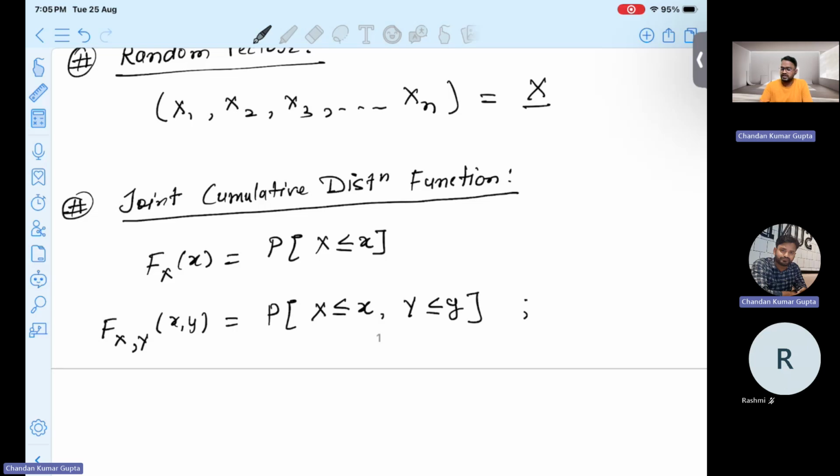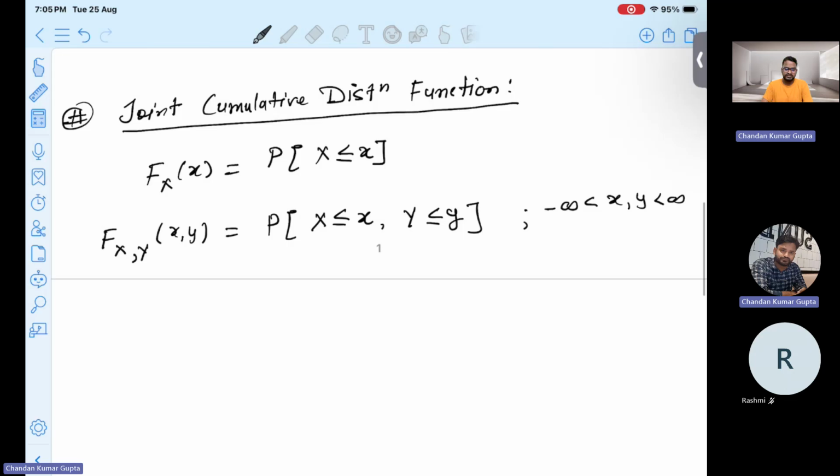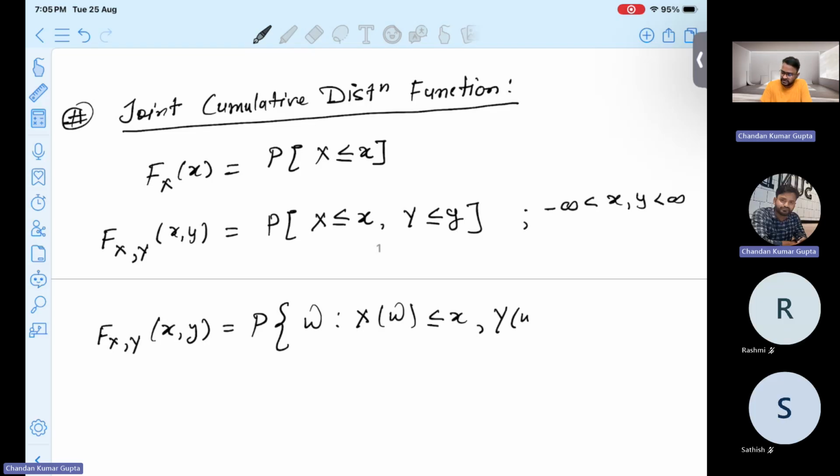Here, obviously, x and y can take any values. Or we can define this as the probability of the set of omega such that X(omega) is less than or equal to x and Y(omega) is less than or equal to y, for omega belonging to the sample space.